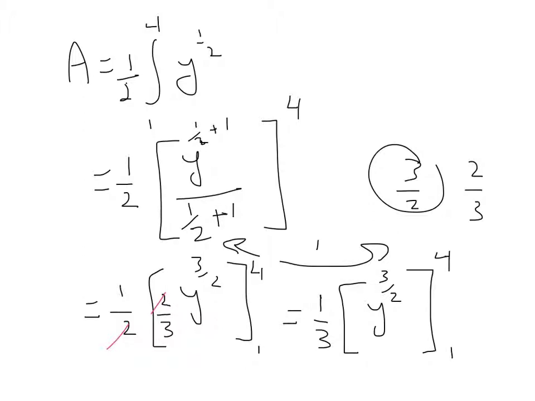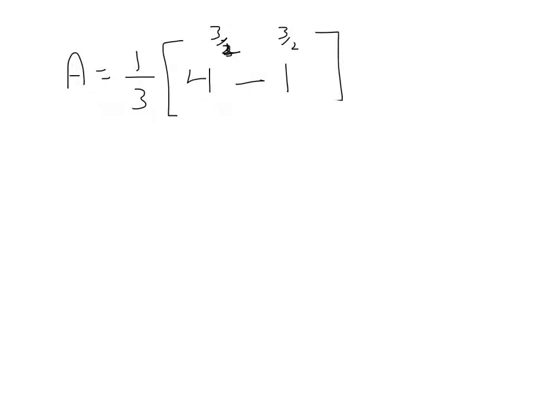Continuing on, area would be equal to a third, substituting 4 instead of y, it would be 4 to the power 3 over 2 minus 1 to the power 3 over 2.